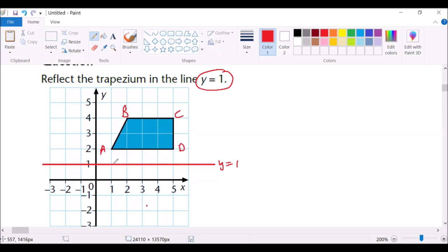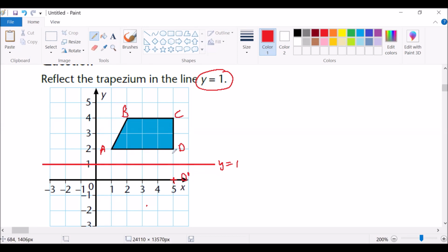Let's label our trapezium A, B, C, D. Now, the perpendicular distance of D on this side should be equal to the perpendicular distance of D on the other side. So we can see this is 1 square. So D will be 1 square from the mirror line on the opposite side, which is this side. So we have our D bar there.